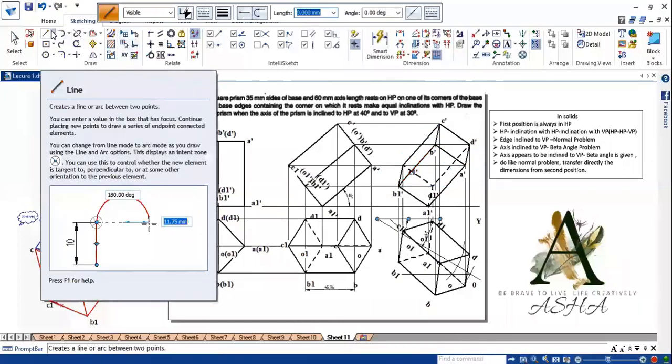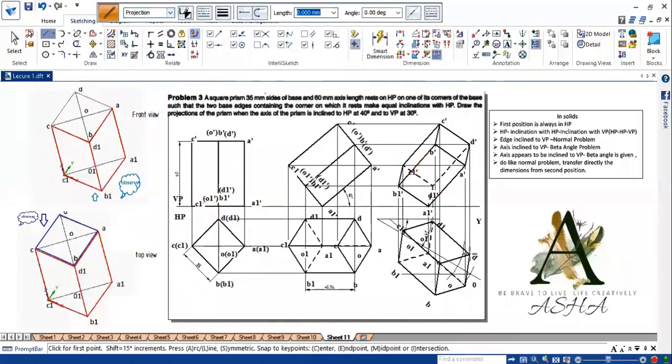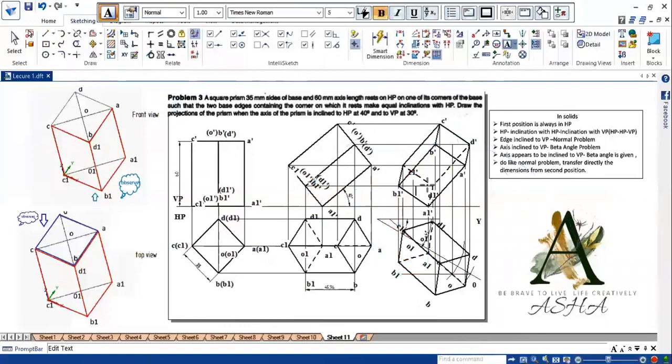Now write the axis line, project it. So this is the point O1 dash, and again from point O. So write this. This is O1 dash and this is O dash.